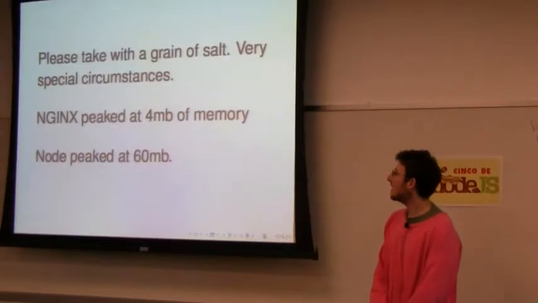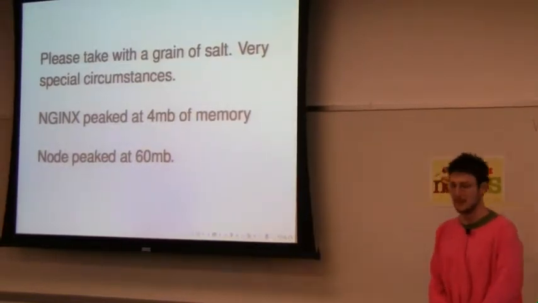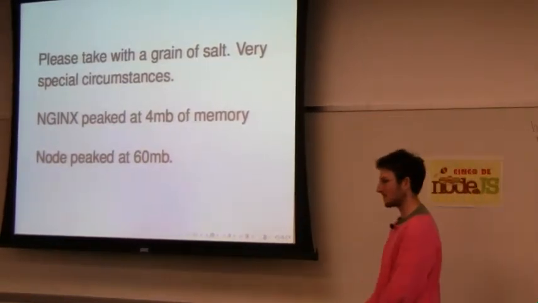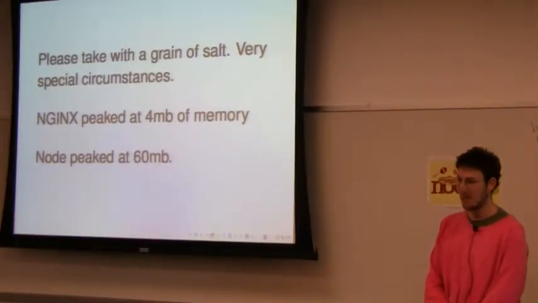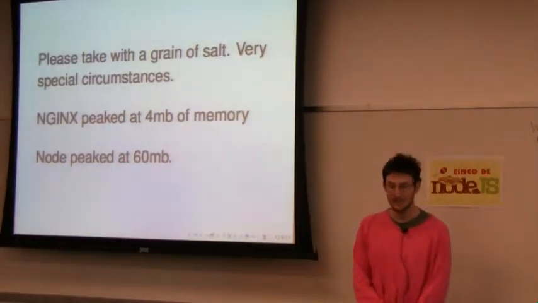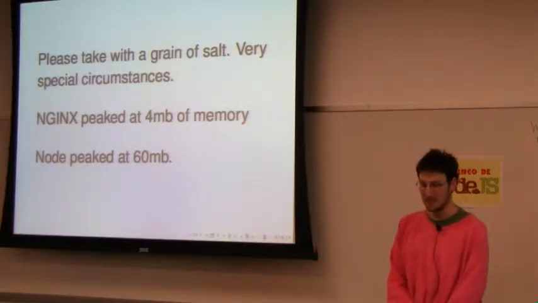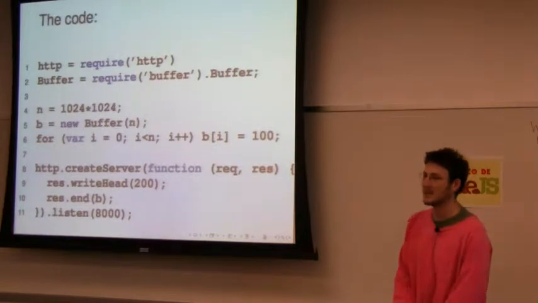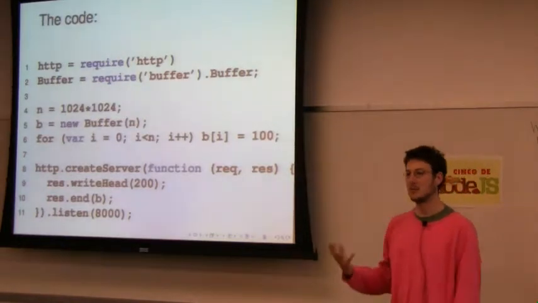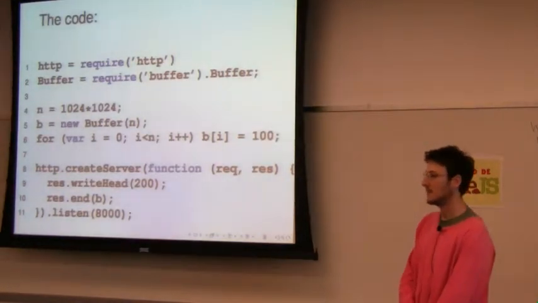I want you to take this with some grain of salt. The Nginx process was using 4 megabytes of memory, and Node was using 60 megabytes of memory. And this is a pretty specialized program where you're writing out just one chunk of memory all the time.